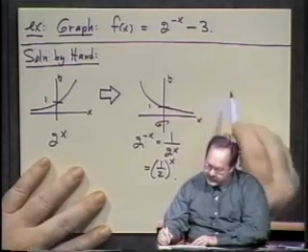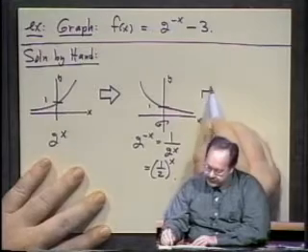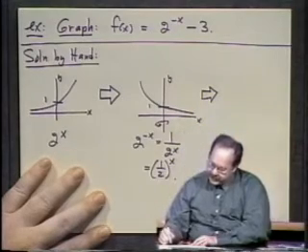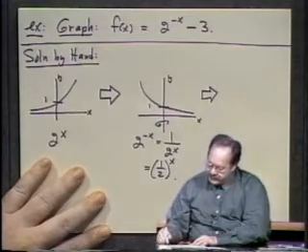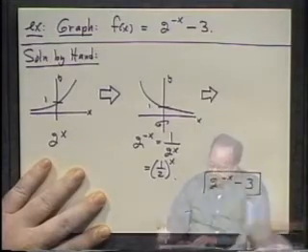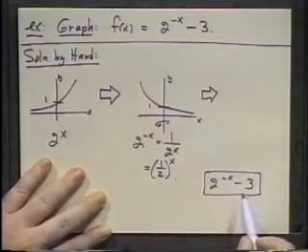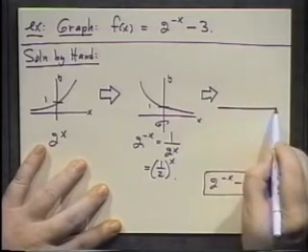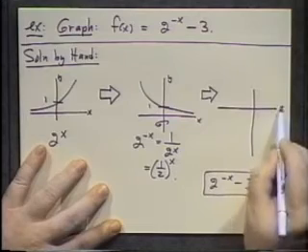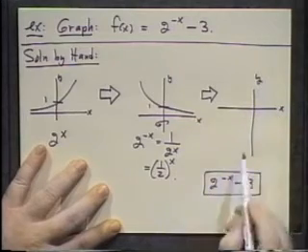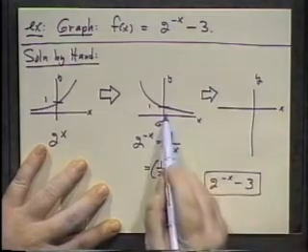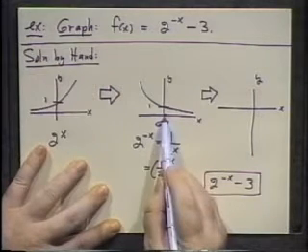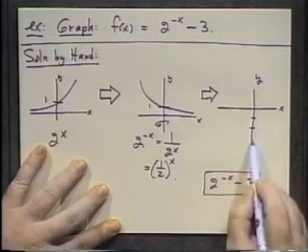Finally, we have the last case, which I think I can slip in here. This is the case where we have 2 to the minus x, minus 3. And that is the actual function up here. And the minus 3, of course, is a vertical shift downward. So I'll have a picture that looks a bit like this. Here's my x and y axes. And what has happened here to the line that used to be the y equals 0 asymptote, it's shifted down by 3. 1, 2, 3.